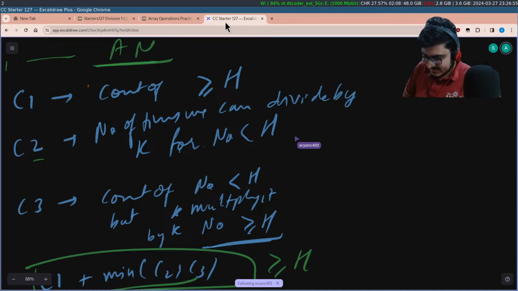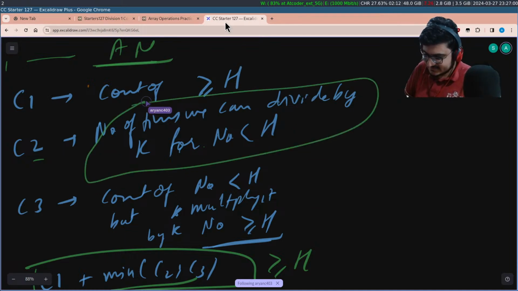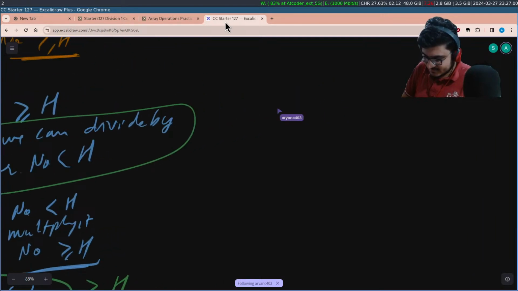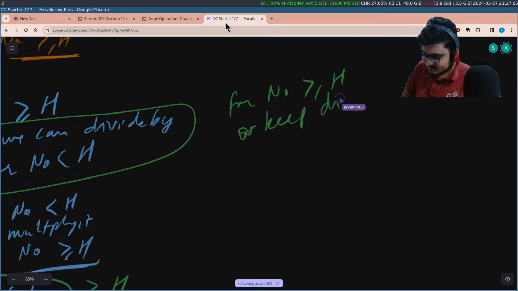So I definitely took these numbers. What extra thing I did was, for numbers greater than or equal to h, keep dividing by k as long as they are greater than or equal to h.